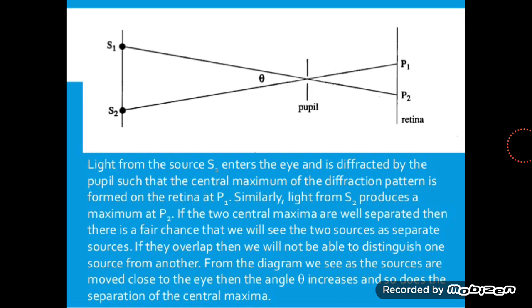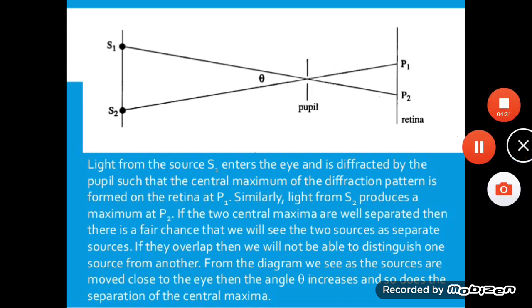From the diagram we see, as the sources are moved close to the eye, the angle theta increases, and so does the separation of the central maxima.